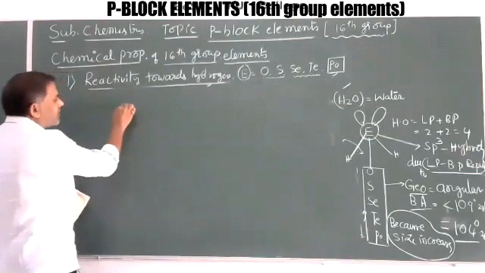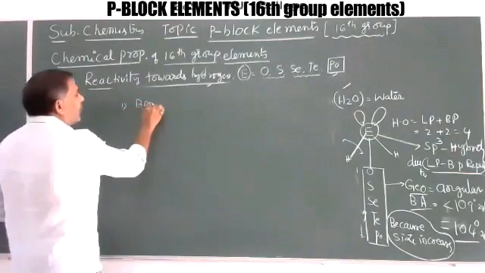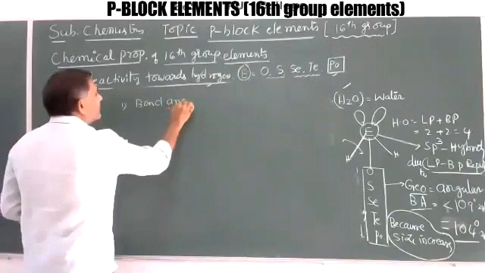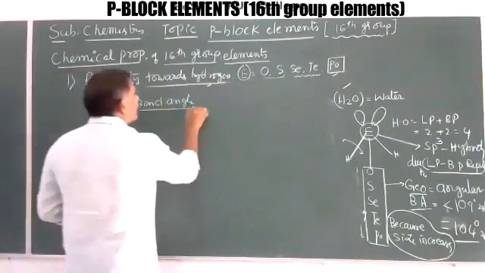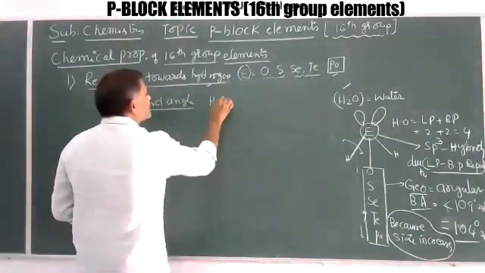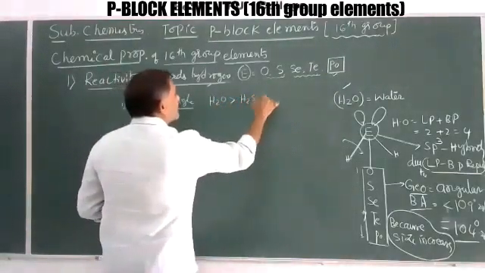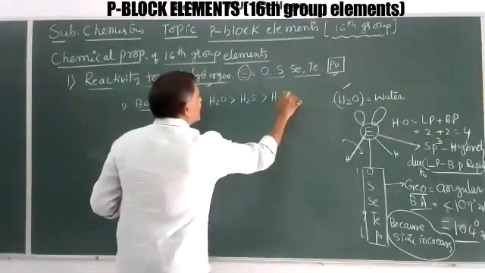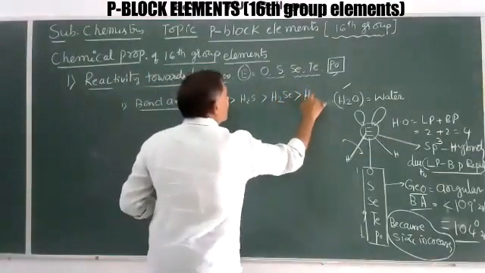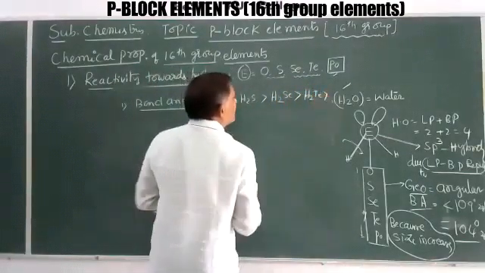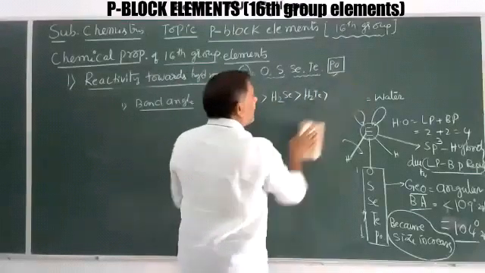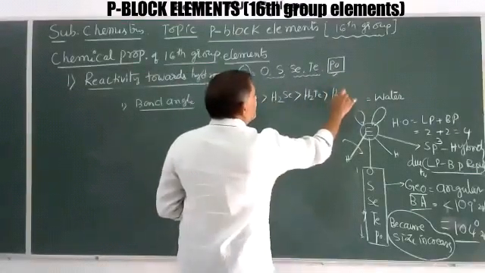Your first one is about bond angle. The bond angle is more in H2O compared to H2S, compared to H2Se, compared to H2Te, compared to H2Po.